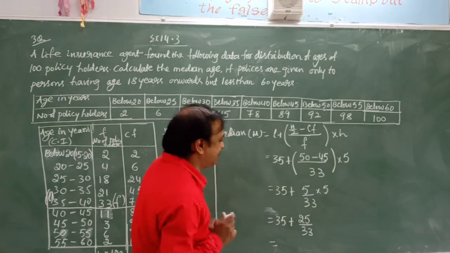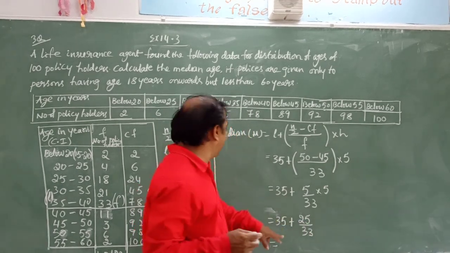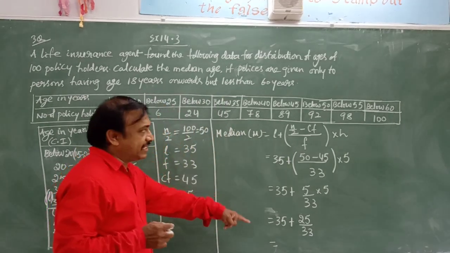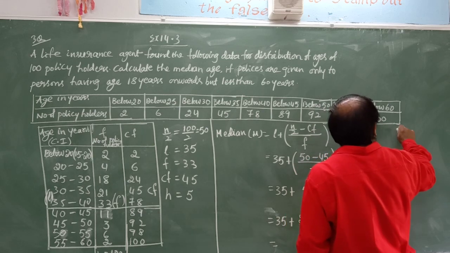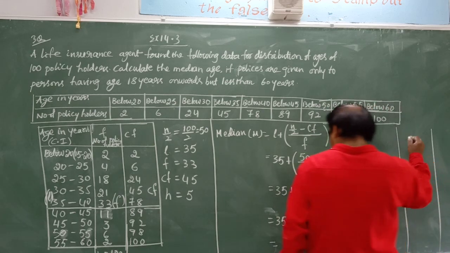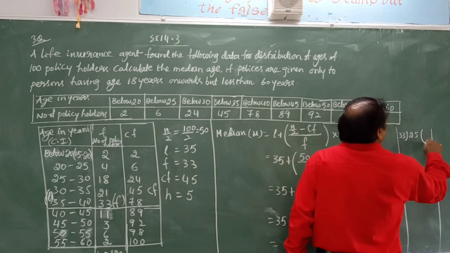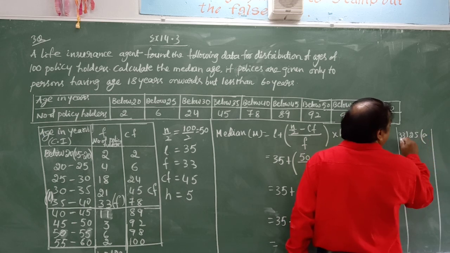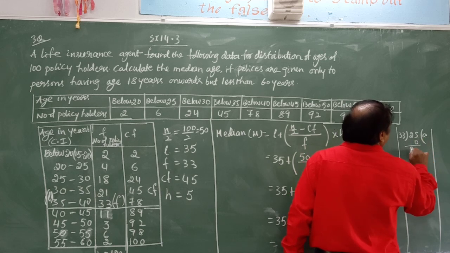Now convert this 25 by 33 into decimal. Here I am writing the rough column. You are dividing 25 by 33. We cannot, so put 0 point. 33 zeros are 0, so 25 minus 0.